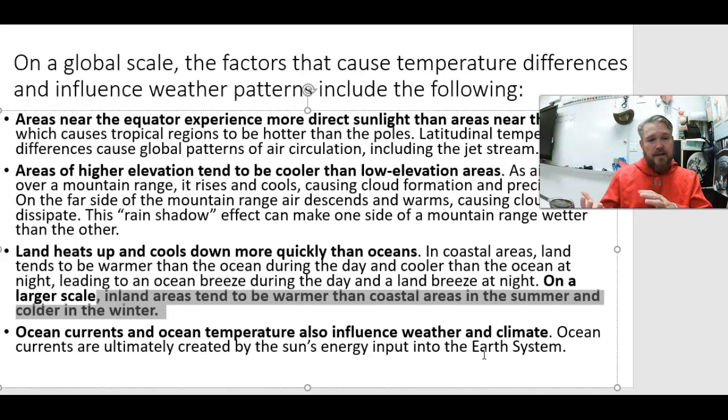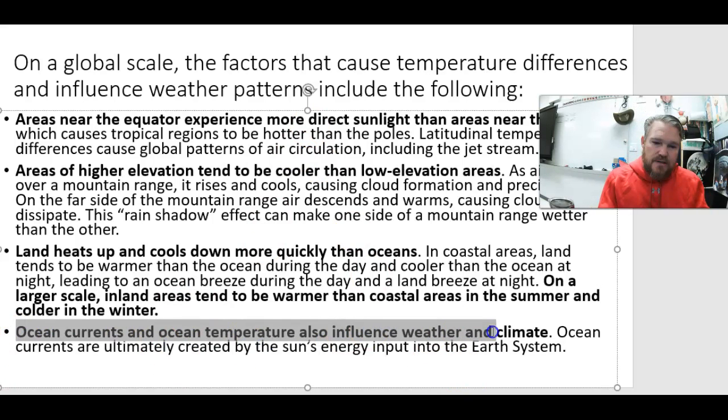If you are in the interior, so you're landlocked, then typically your air is coming from areas that were already land and doesn't have that cooling effect from the water or the warming effect from water if it's a cooler season. So you tend to heat up faster, cool down faster, so you see more temperature swings, if you will. Your temperature is not as stable.